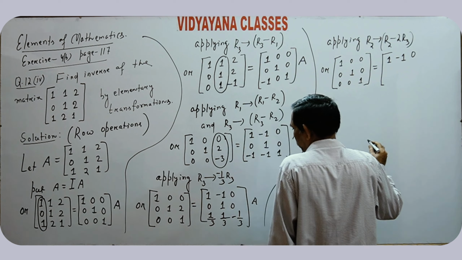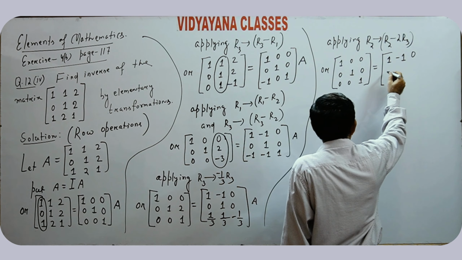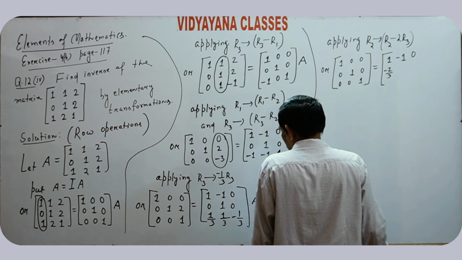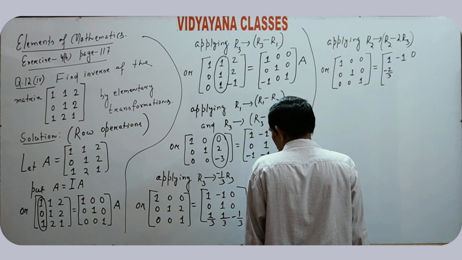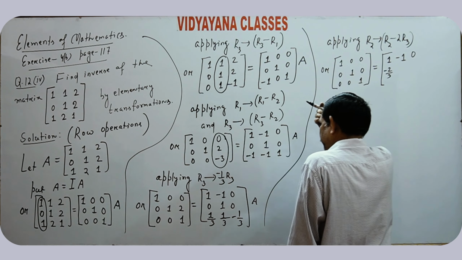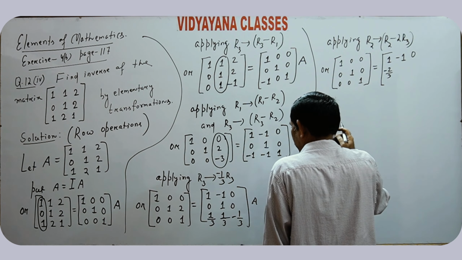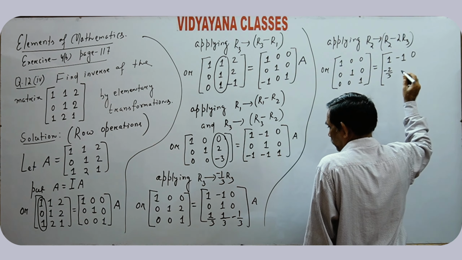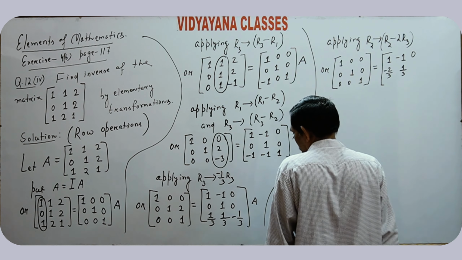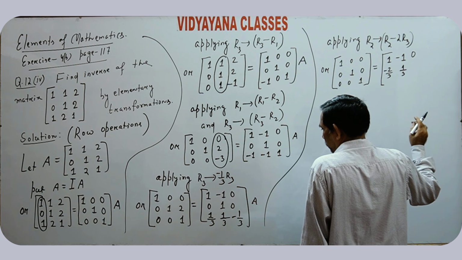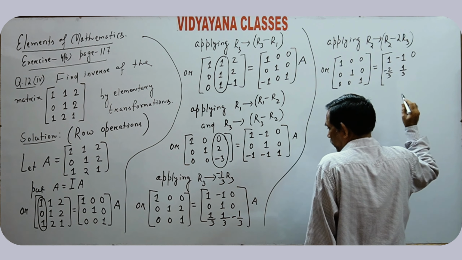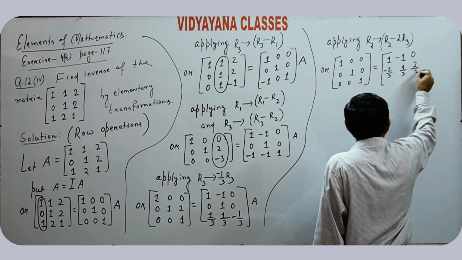0 minus 2 times row 3 is equal to minus 2 by 3. 1 minus 2 by 3 is equal to 1 by 3. 0 minus 2 times minus 1 by 3 is equal to 2 by 3.